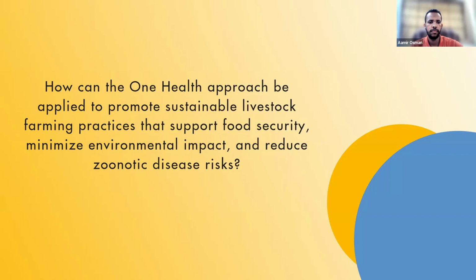In addition, in controlling PPR or these other diseases, we also try to address AMR, with better use of antibiotics, and even of the vaccine itself, because we have to use the right vaccine at the right time. This is what I can add at this stage. Over, back to you.